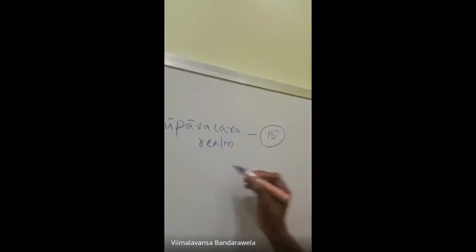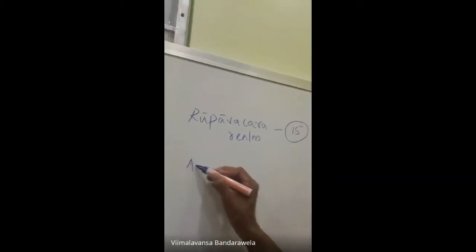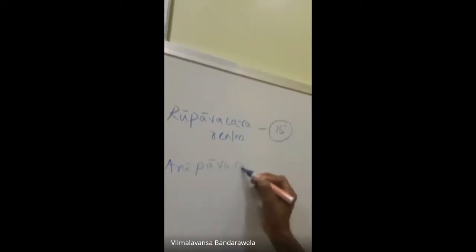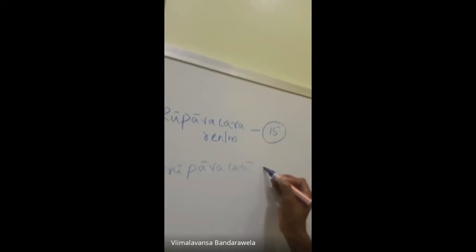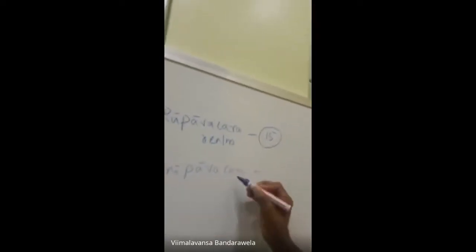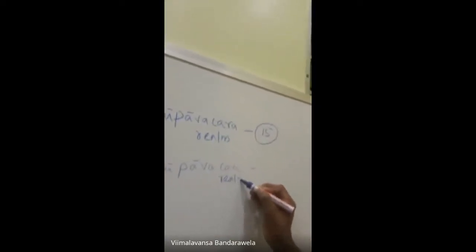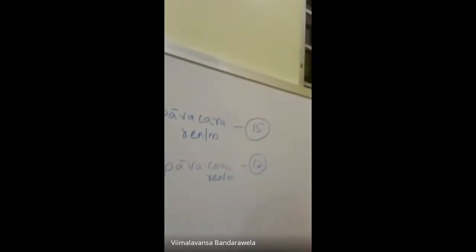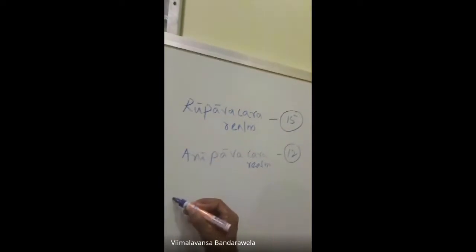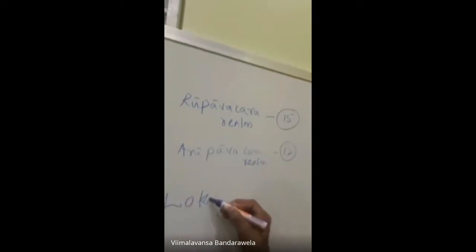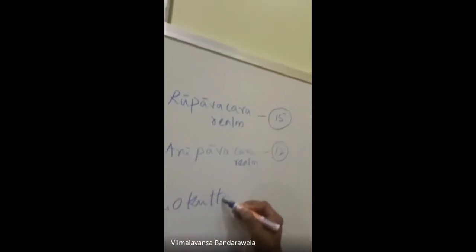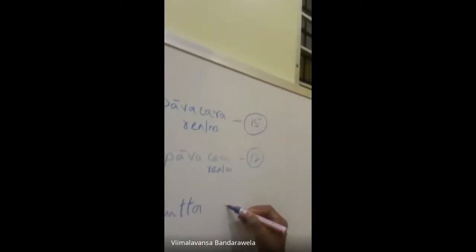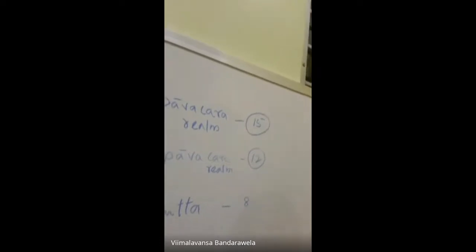Then arupavachara, you have 12 consciousness. Then the lokuttara world, you have 8 consciousness, right?